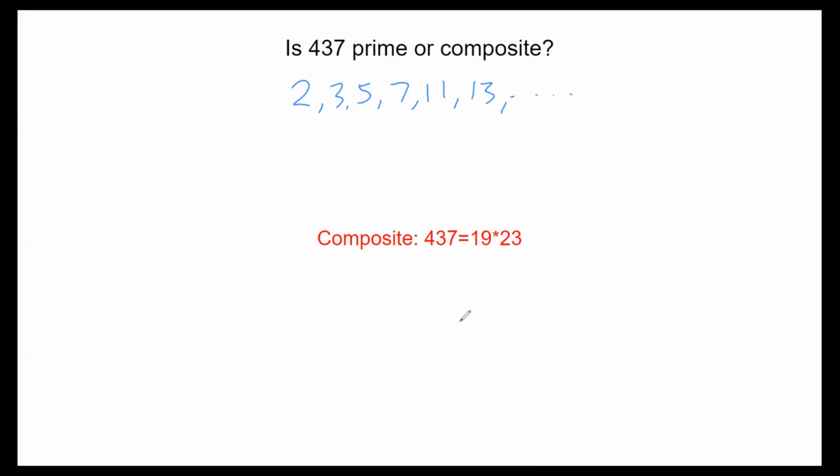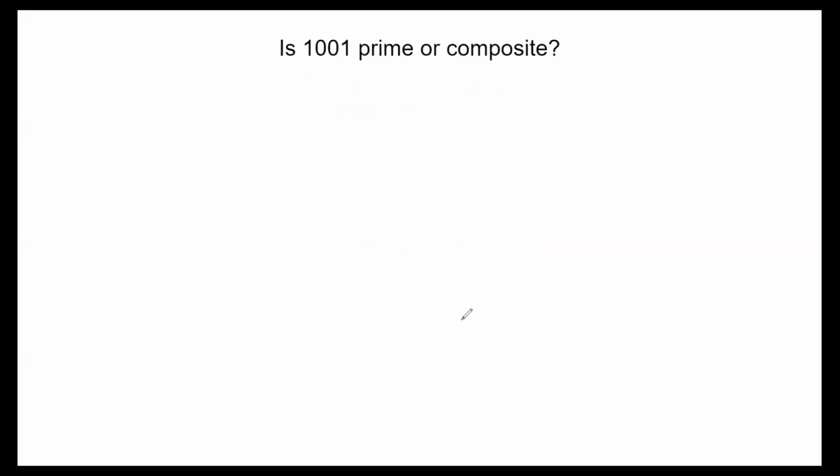Okay, so let's move on. Is 1001 prime or composite? 1001 is actually a number that a lot of math competitions like to use, so you should probably memorize the prime factorization of this.